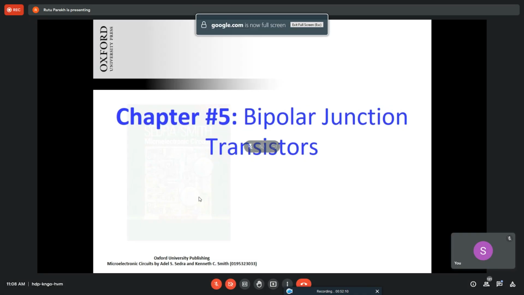There are some special applications where we cannot work without a diode. If you need a rectifier, you will use a diode. If you want to make a switch, you can make a switch with a diode, right? But when you say switch, it means digital application.